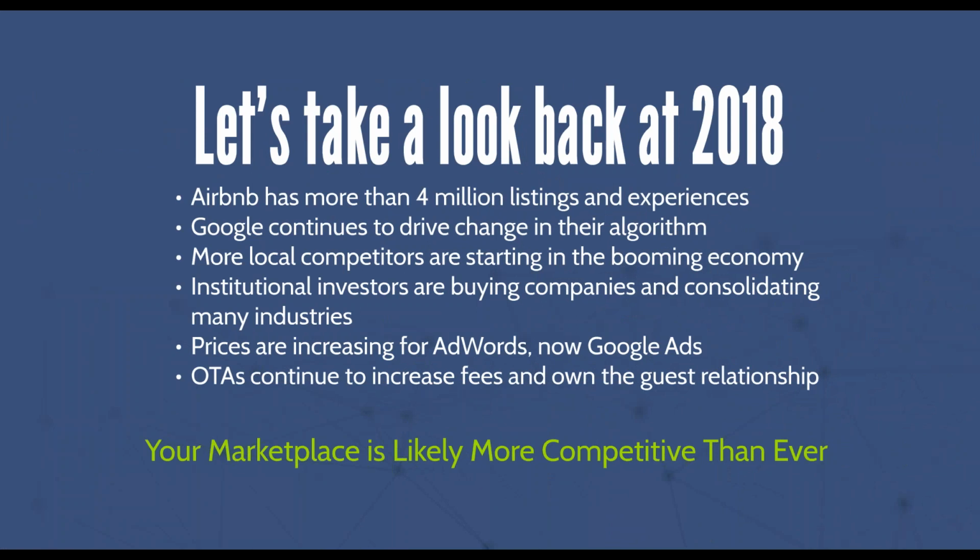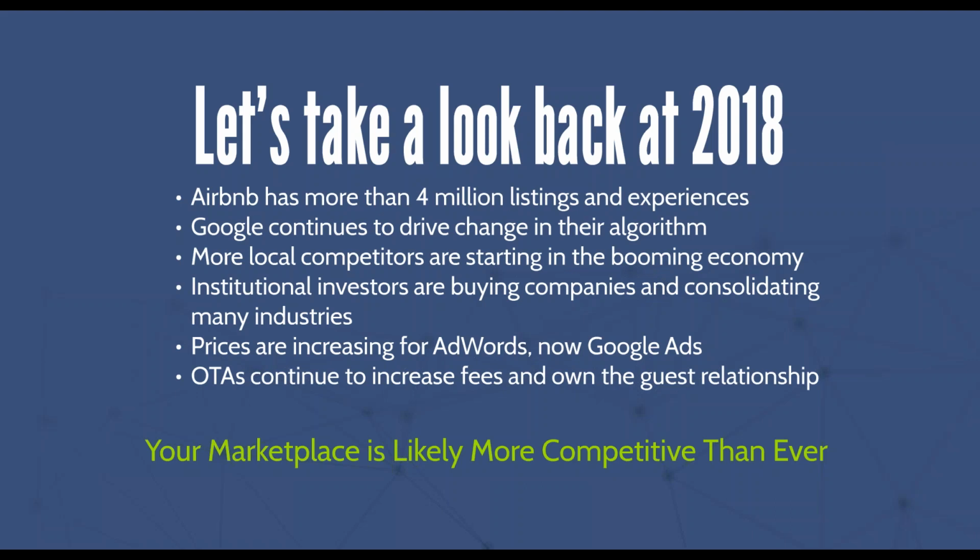As we do that, let's take a quick look back at 2018 with a couple of key points of news that I think came out in 2018. One, Airbnb has more than 4 million listings and experiences listed on their site. They actually crossed the 4 million listing threshold in 2017, but I wasn't able to find any updated information on exactly how many listings they had, so I wasn't willing to put another number on that.